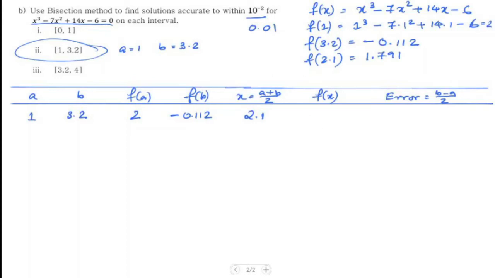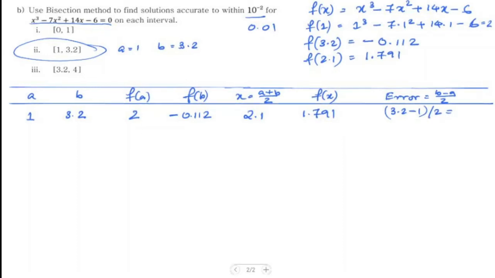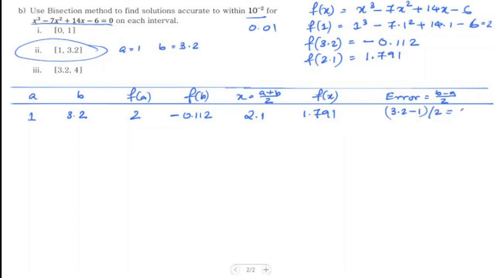So I'll write that down here, 1.791. And then the error is b, that's 3.2, minus a, that's 1, so we have 3.2 minus 1 divided by 2, that's equal to 1.1.